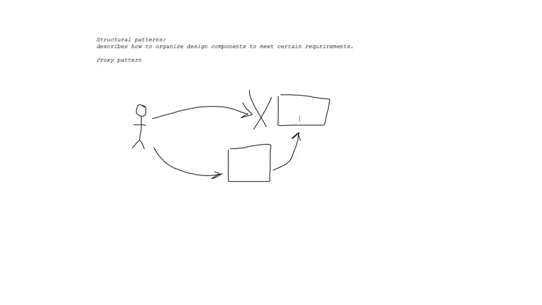So this thing is called the real subject and this thing is the proxy subject. The direct access is not allowed because the client is not allowed to access all the features, but only certain features can be accessed through the proxy.